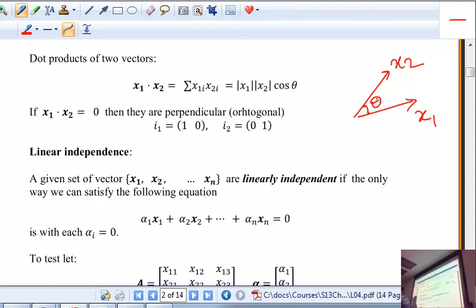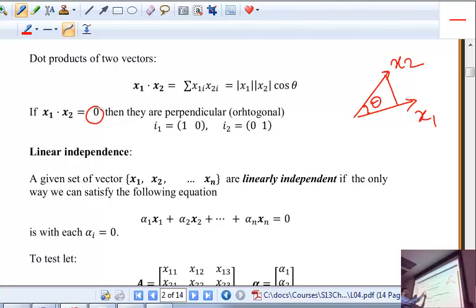The dot product is a scalar product, which essentially says you can think of it as x2 projected onto this, and then the product of that. Okay, and it's a useful measure for a number of reasons, and one of them is if the two vectors are perpendicular to each other, then theta is 90, cos theta is 0, and so you'll get the inner product, the dot product as 0.